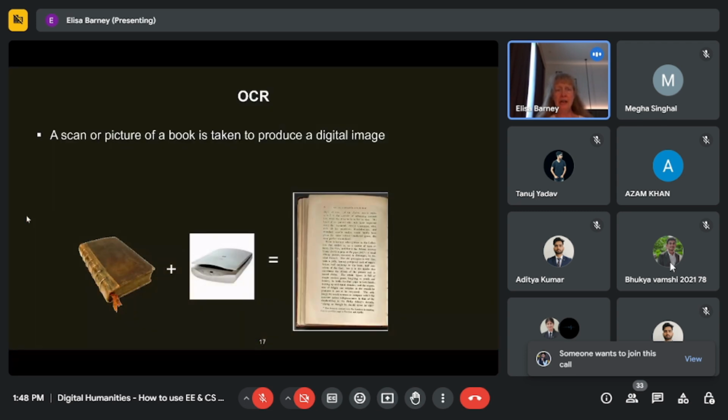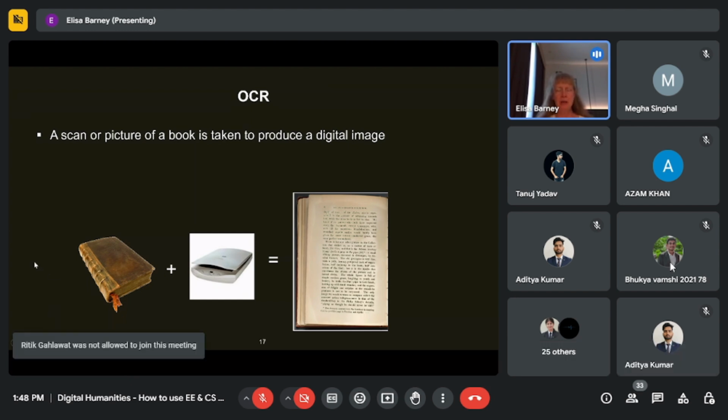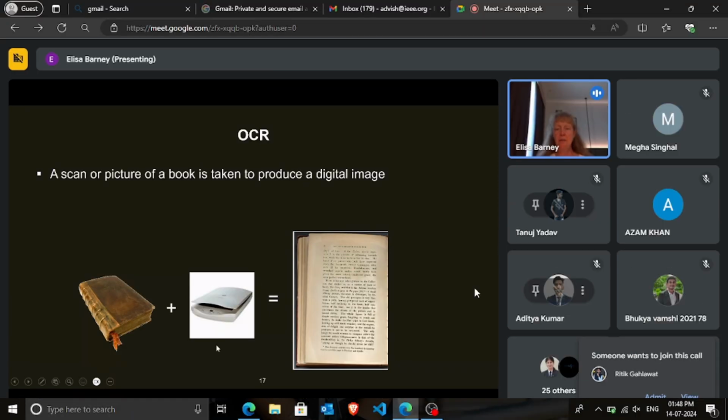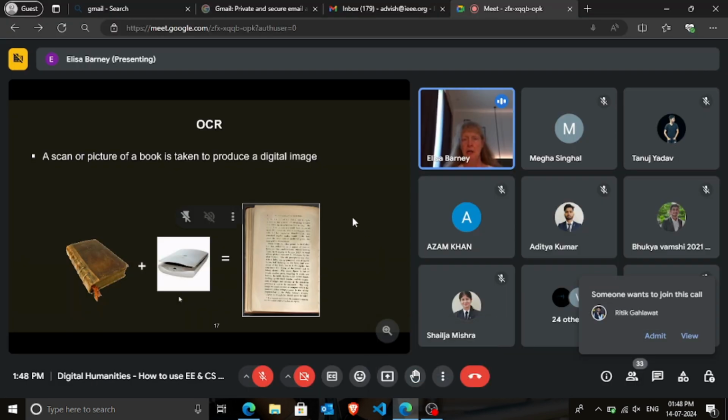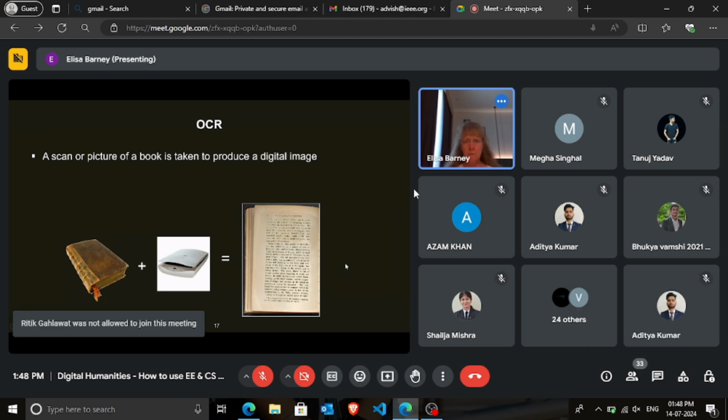So let's look at optical character recognition. In its basic form, we have a book, and it can be a book, it can be just a page of paper, it can be a scrap of paper, it can be all sorts of different things, but something nominally that has text. And then we consider the basic case where we are going to take a picture of it with a desktop scanner, and that will produce a picture of a page of text.